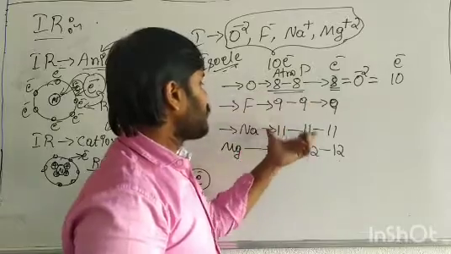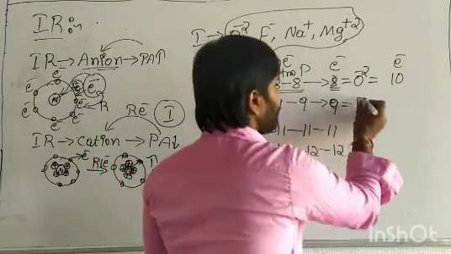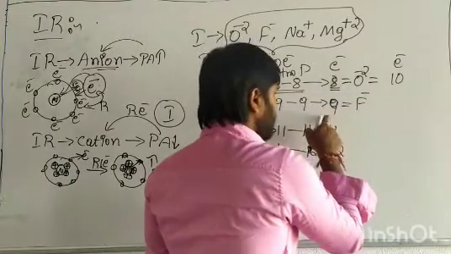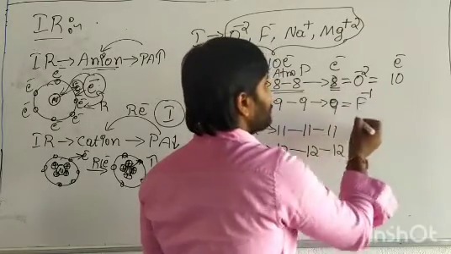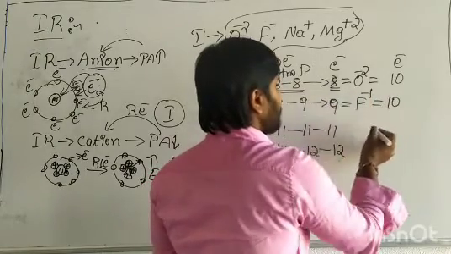Fluorine has 9 electrons and a minus 1 charge, so you add one more electron, giving 10 electrons.